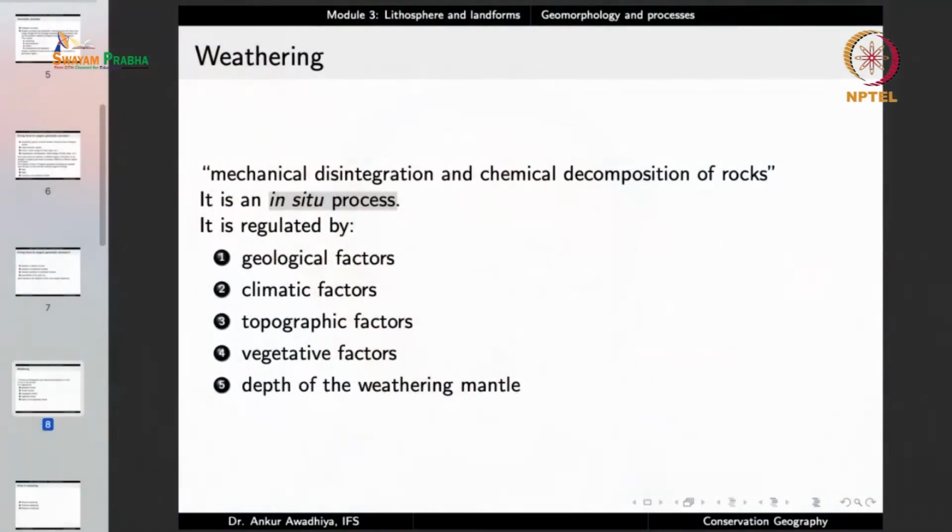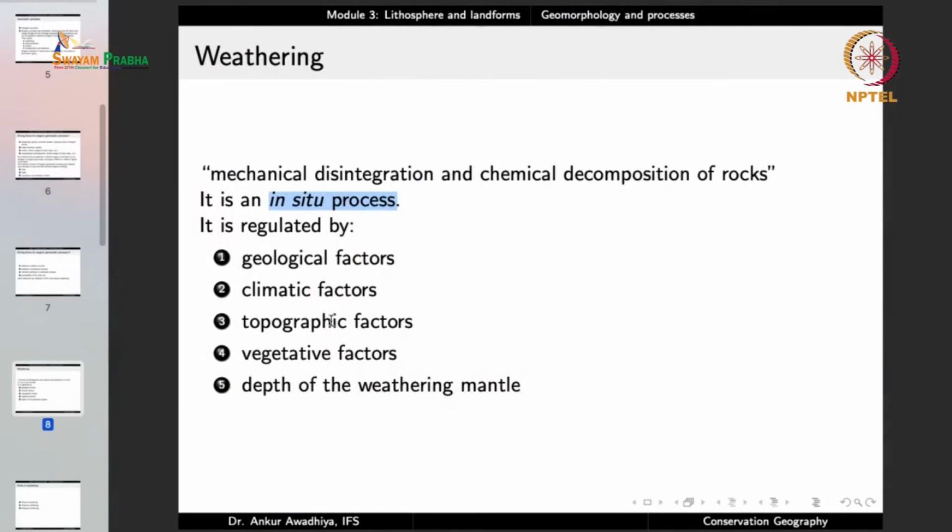So if you have the creation of ice and the melting of ice, a very cold climate, then too the amount of weathering will be much greater as compared to areas that have a much more equable climate. There is little rainfall, little sunshine, and it does not get very cold. In those areas the rocks will not get weathered quickly. But in areas where the climatic factors are not supportive, the rocks will get weathered very quickly.